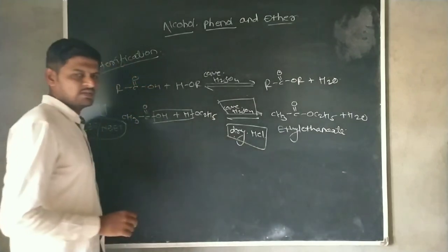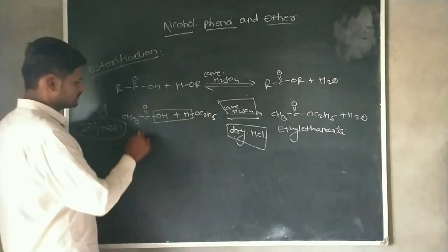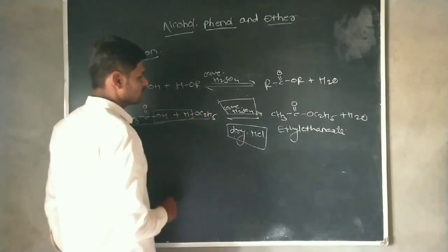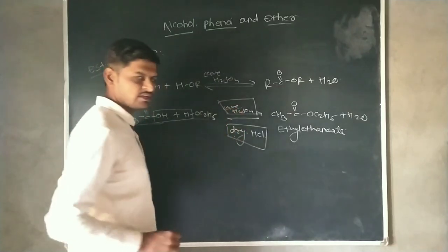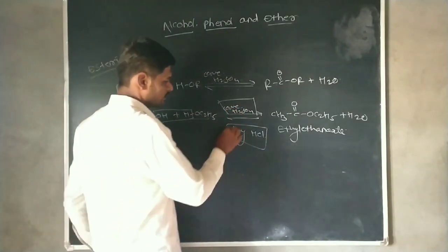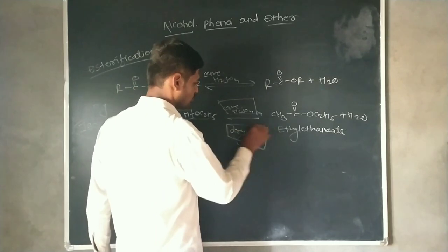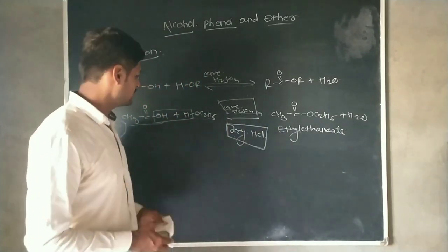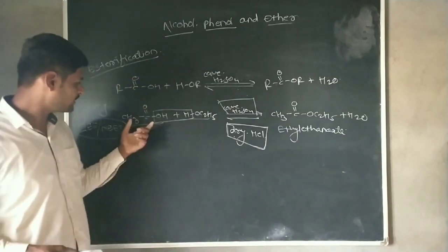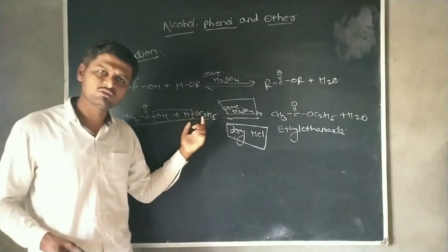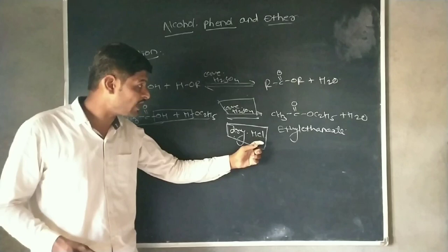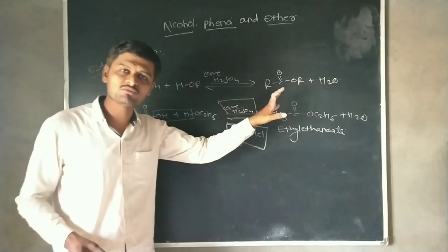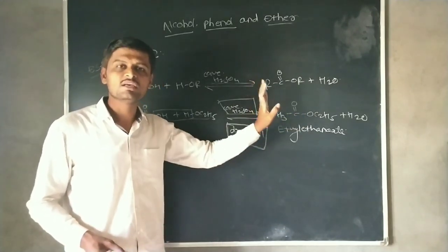In a regular reaction, the carboxylic acid is reacted with alcohol in presence of concentrated acid. Instead of concentrated H2SO4, we can use dry HCl. When carboxylic acid is reacted with alcohol in presence of dry HCl, it also forms the ester.